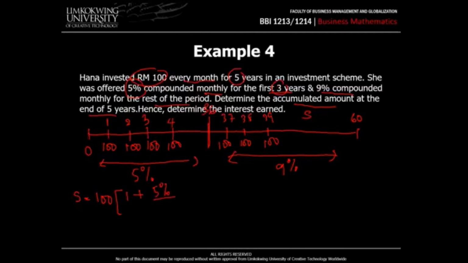It is compounded monthly, right? So if compounded monthly, we need to divide by how many? 12. For how long? 3 years, how many months? 36 months, minus 1, divide by 5% divided by 12.